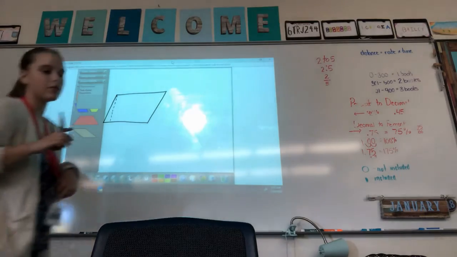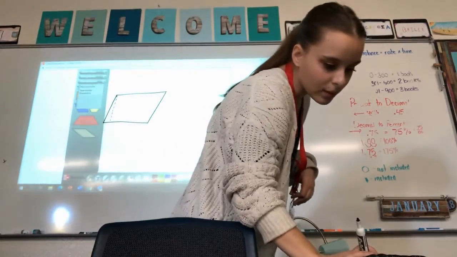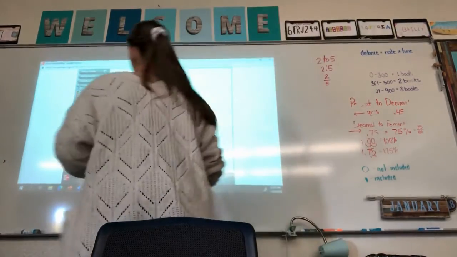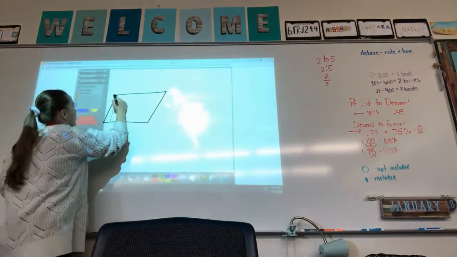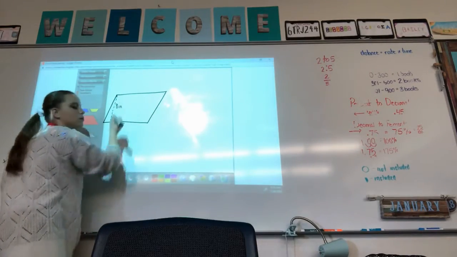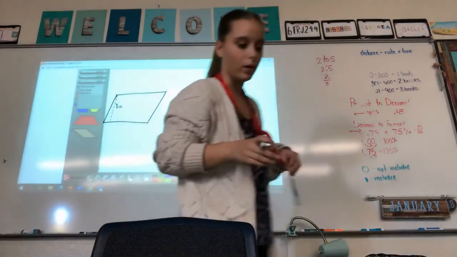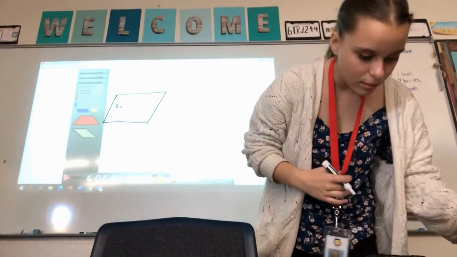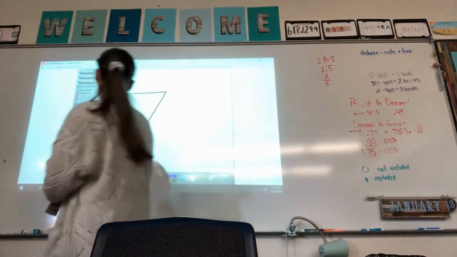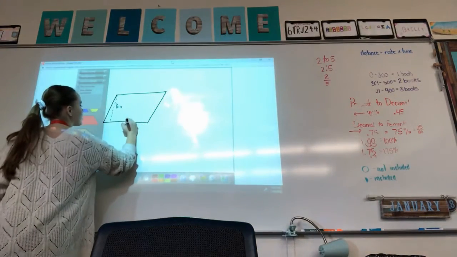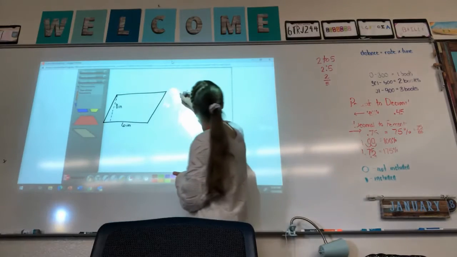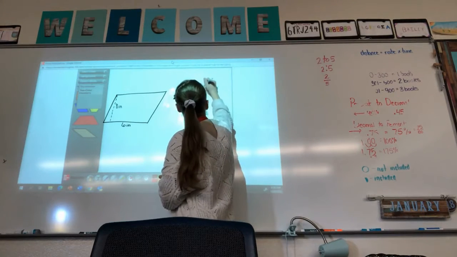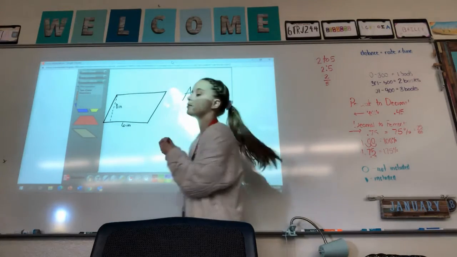So our height for this one is 8 inches, and then our base is 6 inches. Area equals base times height.